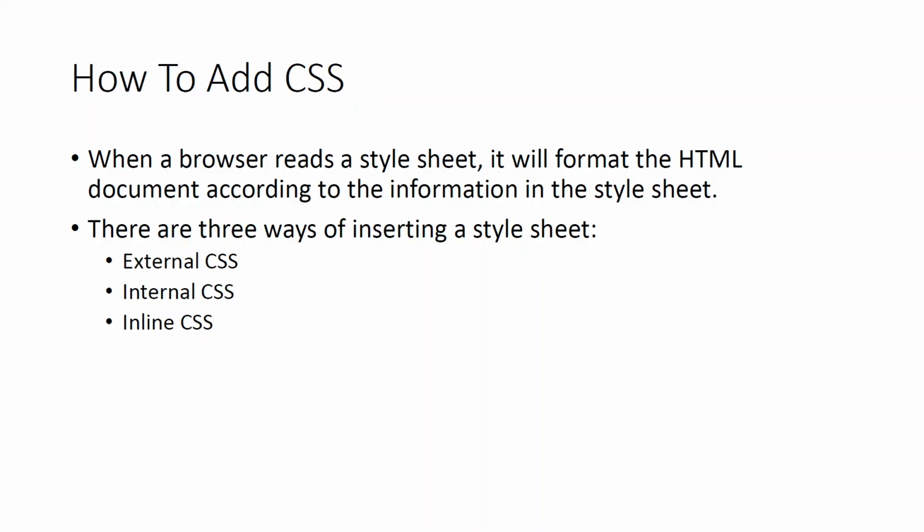And this one becomes useful, especially when the website, our web application, is now growing, and we still want to make sure that we keep our designs separate from our HTML contents. If this is our plan, then we're going to use the external CSS.